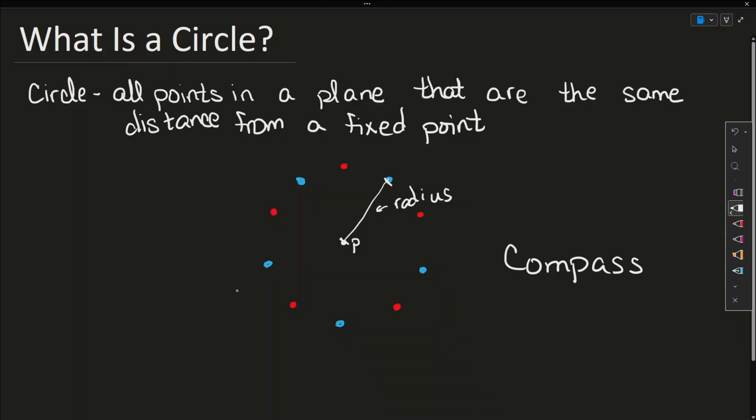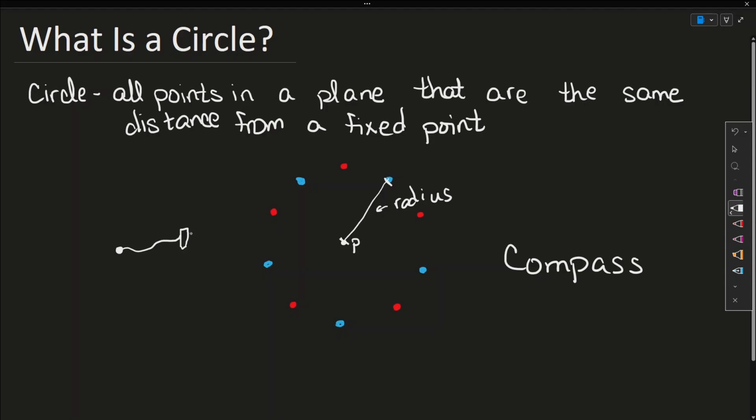We can also draw a circle using a string and a pencil. Here's how. Attach one end of the string to a fixed point. So here's our string, and we're going to attach this point to a fixed point. We hold the other end with a pencil, and we need to do this so that this string, which I have as kind of bendy, is taut.